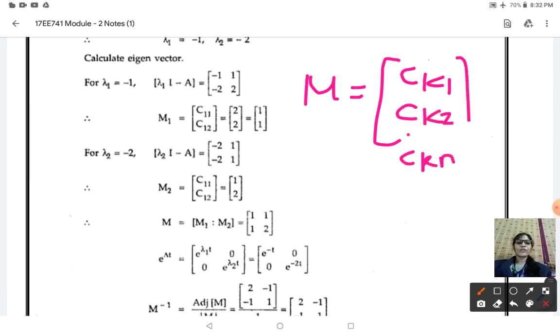The value of K can be anything between 1 to N. After identifying your eigenvectors, write the modal matrix and then identify your state transition matrix. The state transition matrix is going to be e to the power of lambda 1 t, here e to the power of lambda 2 t.